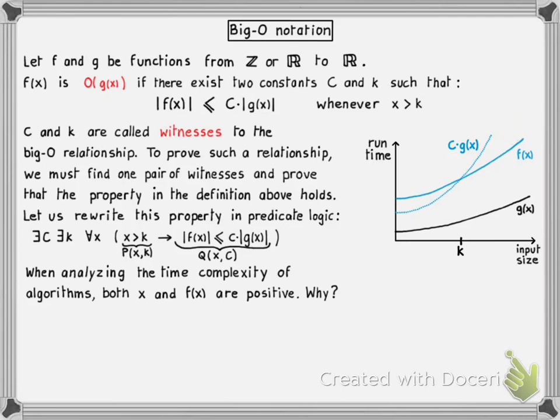But we will only be interested in functions that represent the time complexity of algorithms. So for us, x is always going to be the size of the input, which does not make sense as a negative number. And f of x is always the runtime or the time complexity of the algorithm, which also doesn't make sense as a negative number.